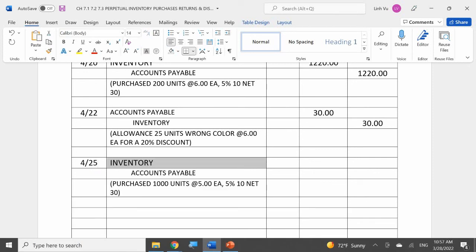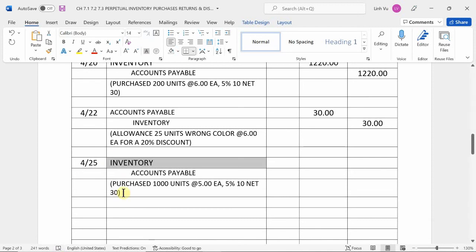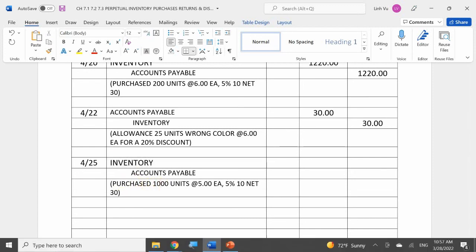Inventory and accounts payable, right? We purchased 500 units at $6.25. So in this case, how much is that going to give me as a grand total?